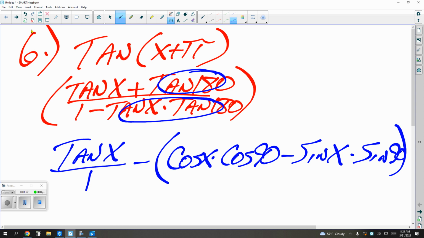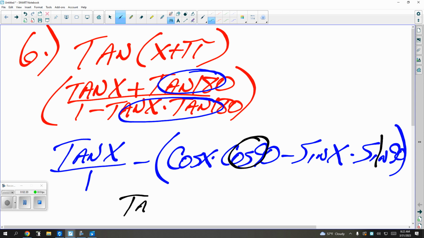So hopefully one of these is also 0. Is the cosine of 90 0? Well, this is 0. And then what is the sine of 90? The sine of 90 is 1. So it's really going to be, you ready for this?